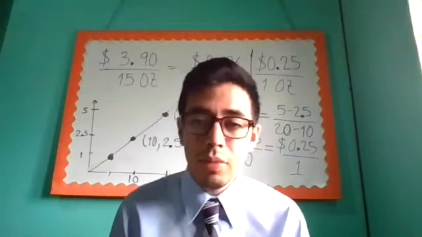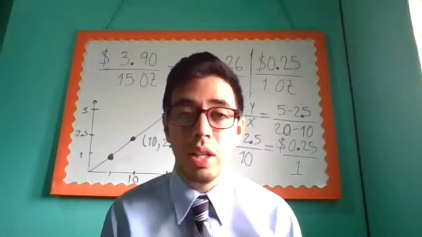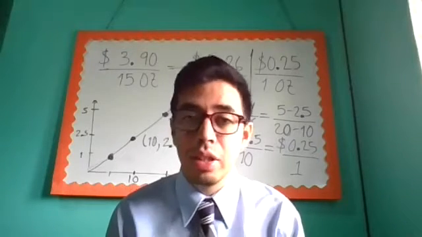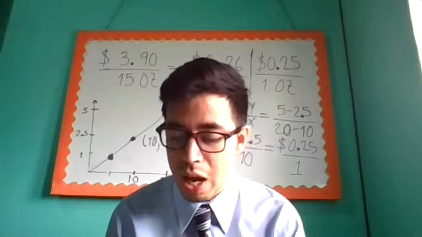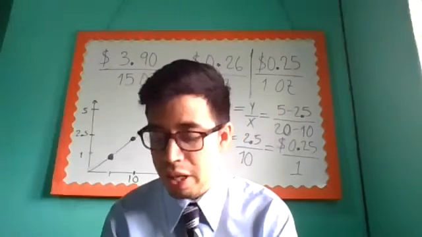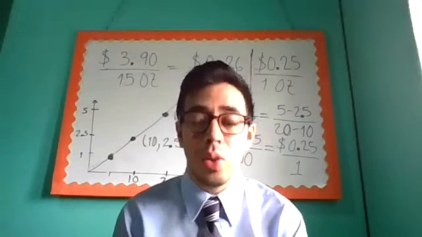Okay. The distance covered by the fastest high-speed train in Japan traveling at maximum speed is represented on the graph. So the graph that I have is the distance traveled at maximum speed by the fastest high-speed train in Japan. So this is the graph.